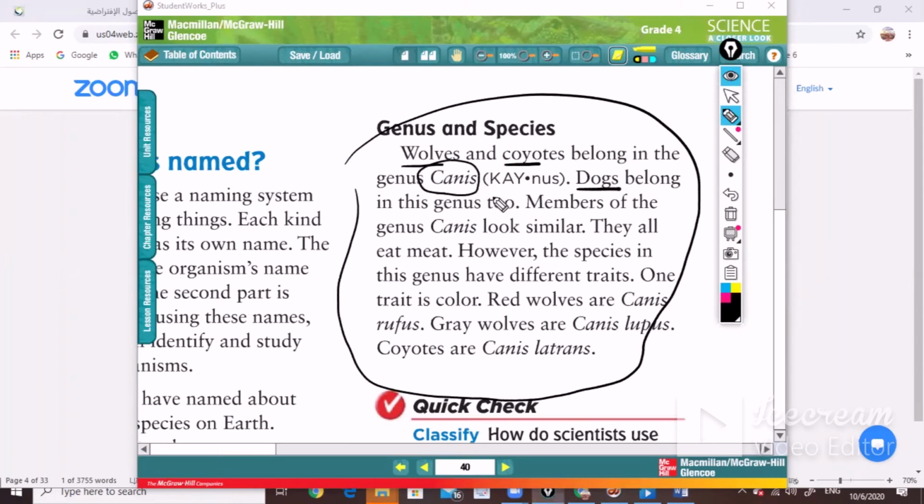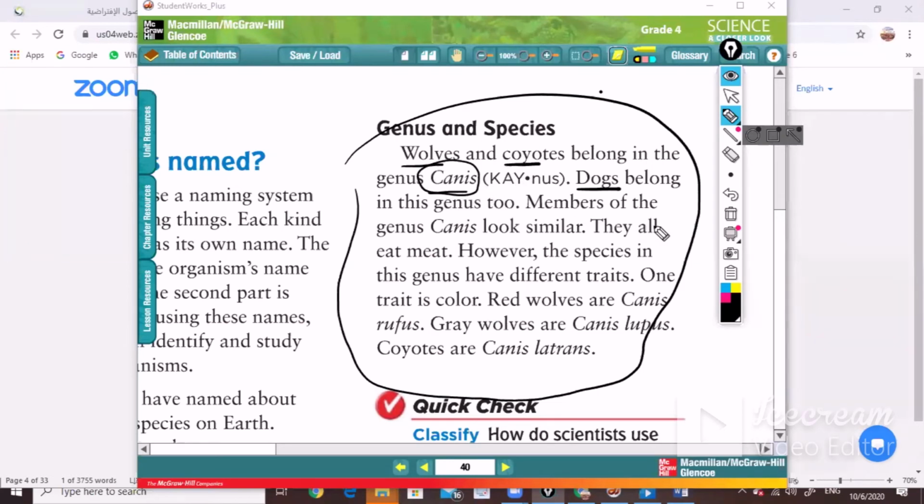Do you know coyotes? Coyotes are like wolves, but coyotes live in America, and wolves live in other places. And of course, you know the dogs. All three of them are the same genus, Canis.